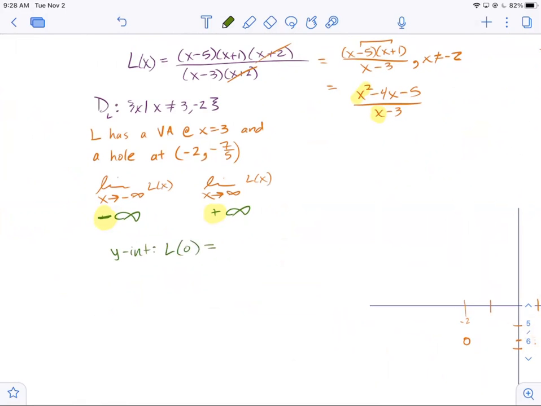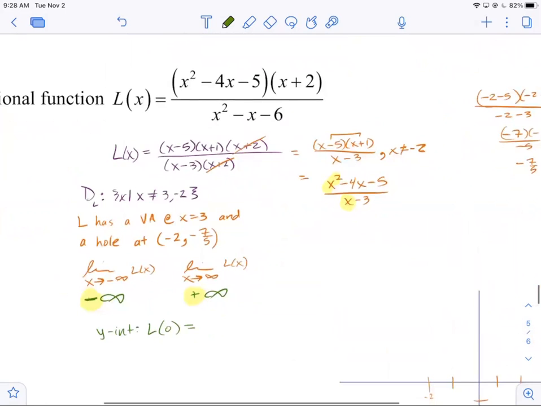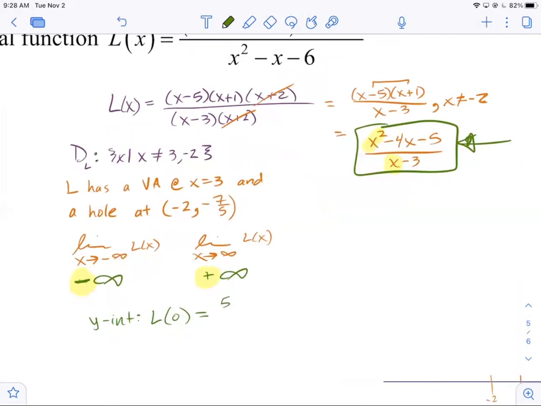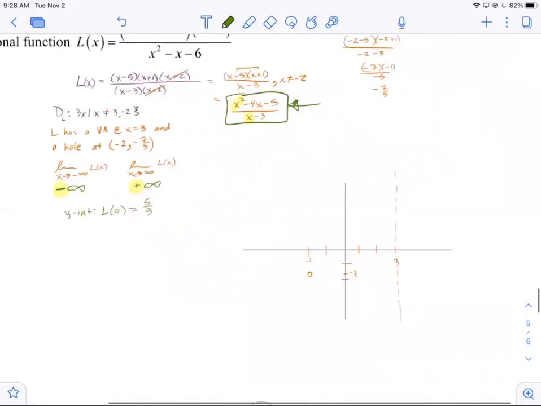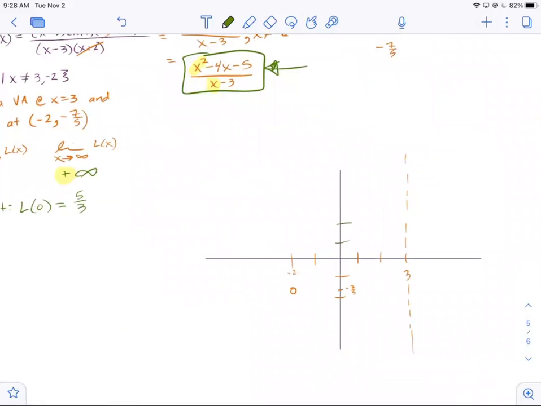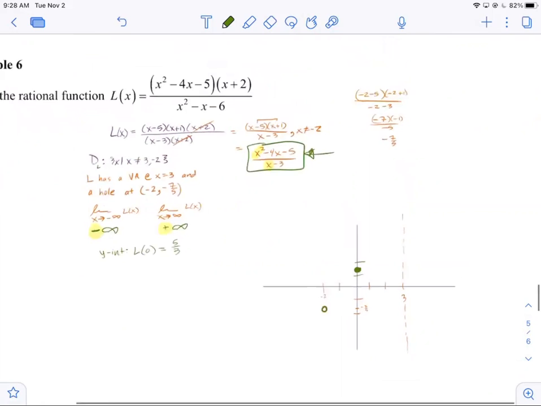Now, again, for L of 0, since the original function wasn't factored, you can actually go back and use this right here. You can use that expanded version with the hole factor gone. You can use it for everything else. So when you plug in a 0, you get -5 over -3, which is 5/3. So that's like 1 point something as well. So right there. And then any x-intercepts?